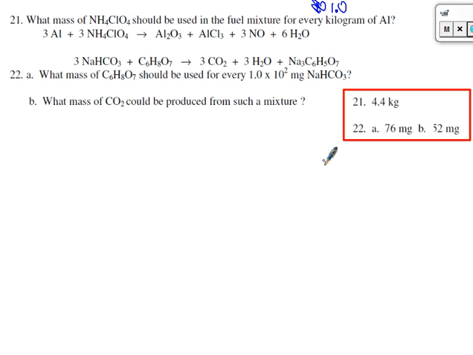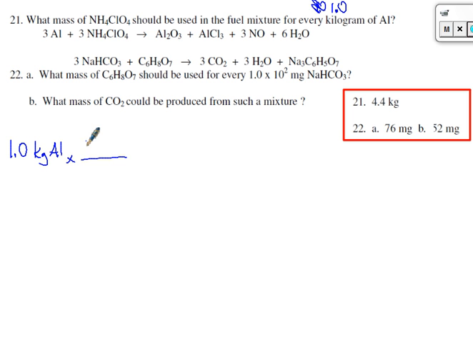For every 1 kilogram of aluminum, what mass of ammonium perchlorate should be used in the fuel mixture? So it's a stoichiometry problem. Pretty much have to set it up. You say, okay, I have 1 kilogram of aluminum. You could convert this to grams, but if you leave it in kilograms, your answer is going to come out in kilograms also.